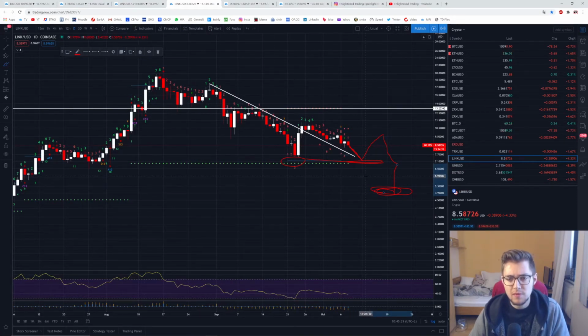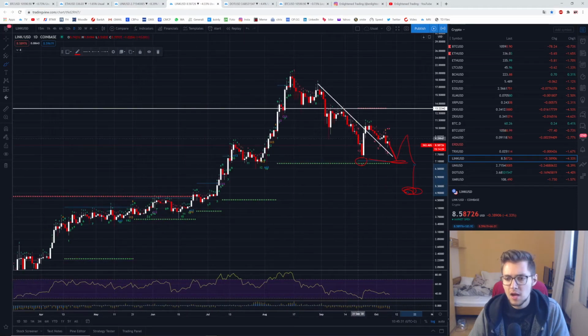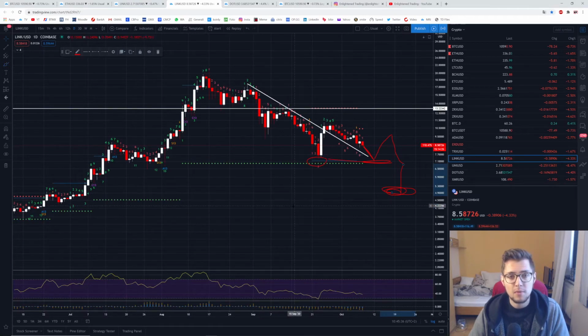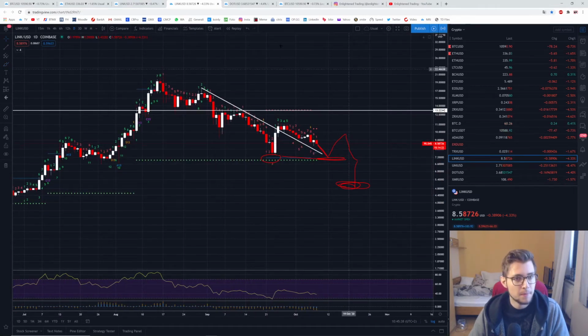So this would be a very nice buy the dip scenario. I would not enter any trade because this is not looking very clear, in my opinion, looking at the chart.